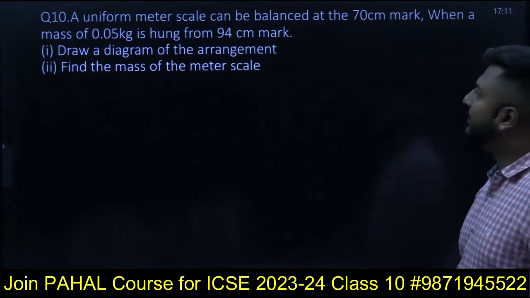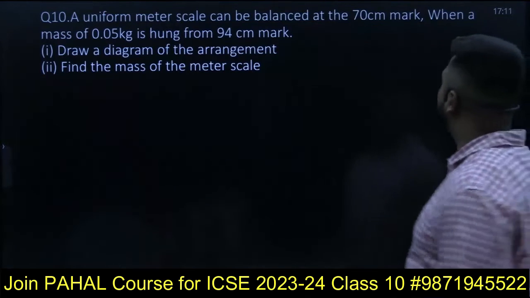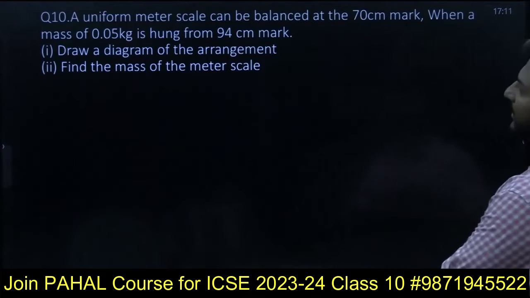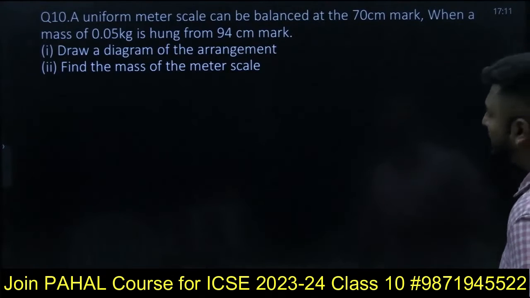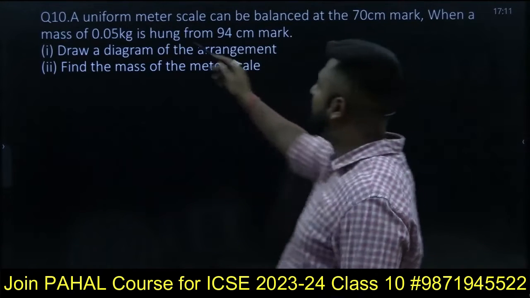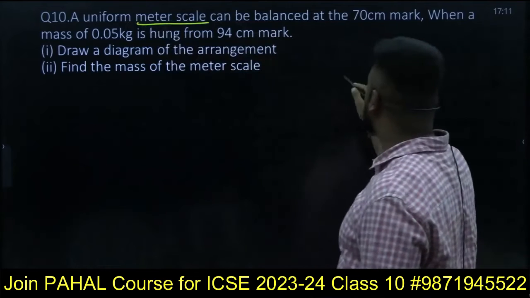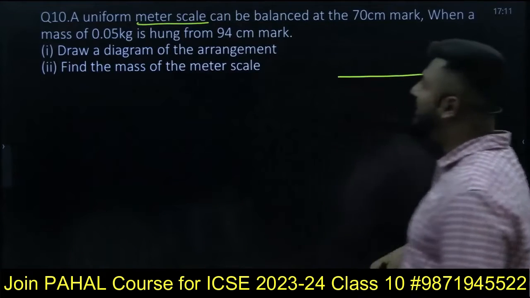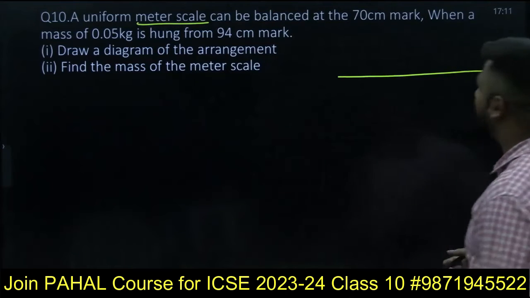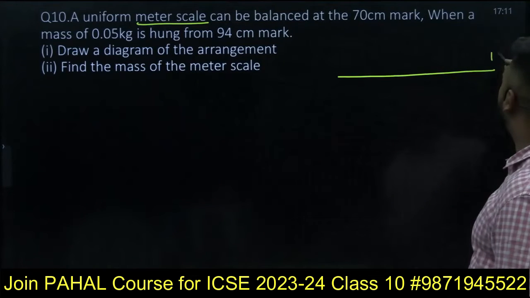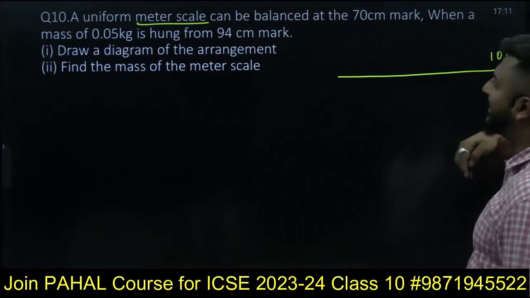A uniform meter scale can be balanced at the 70 centimeter mark when a mass of 0.05 kg is hung from the 94 centimeter mark. Again, first of all, draw the diagram. The meter scale would be 100 centimeters long.